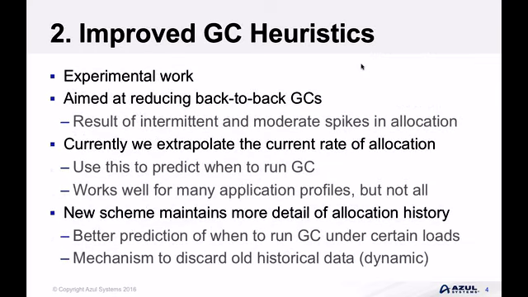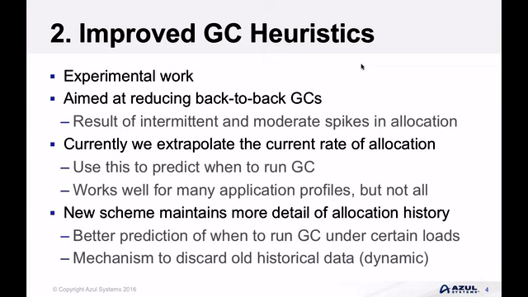Other things that we're doing, there's a second area that I want to highlight here, is improving the way that we analyze what is happening with garbage collection, because we need to maintain information about how your application is working in order to figure out how to get the garbage collector to work in the most optimal way.